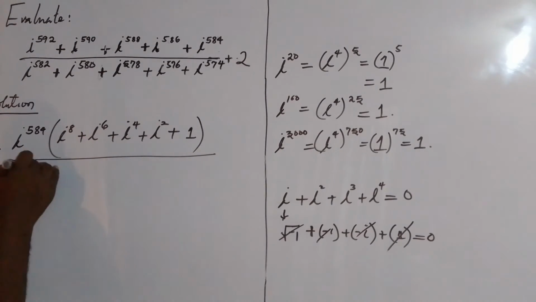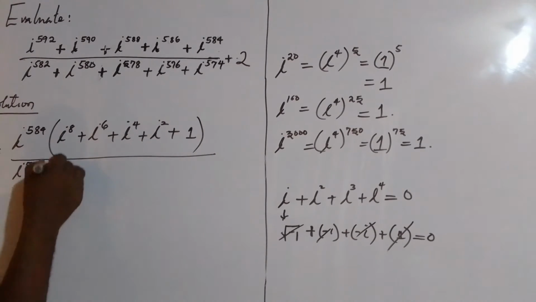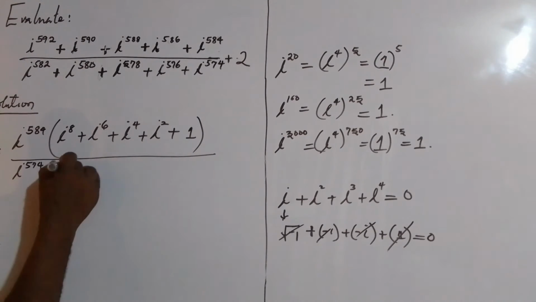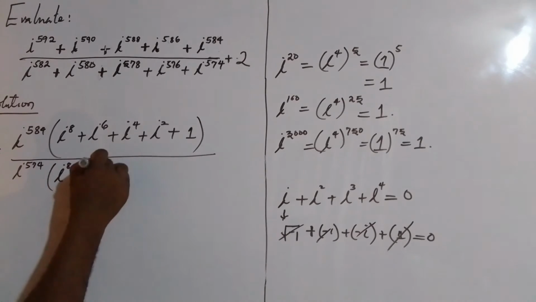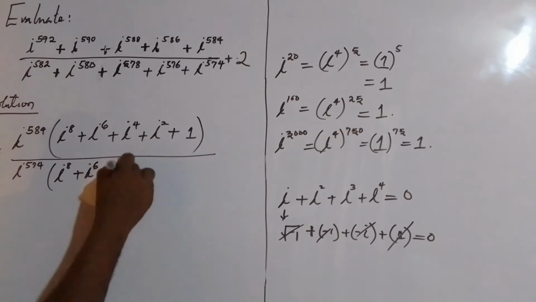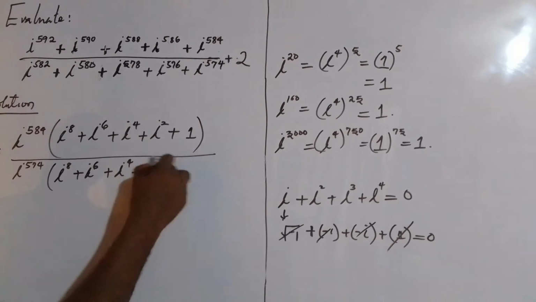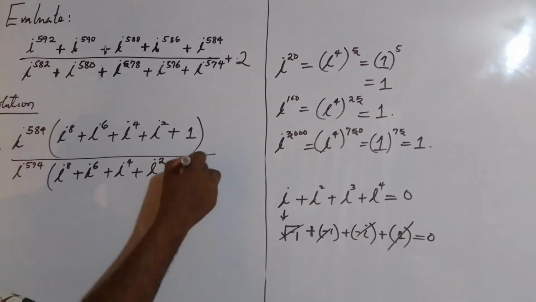I'm going to factor that out. Factor out i to the power of 574. Then inside the bracket you have i to the power of 8 plus i to the power of 6 plus i to the power of 4 plus i to the power of 2, then plus 1.